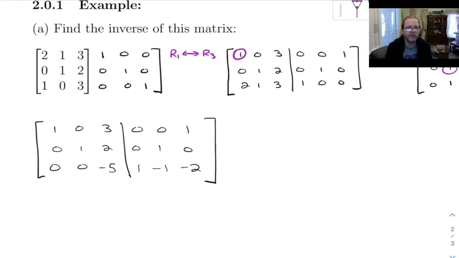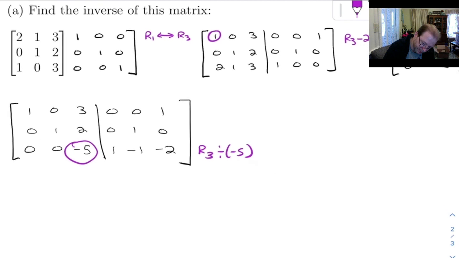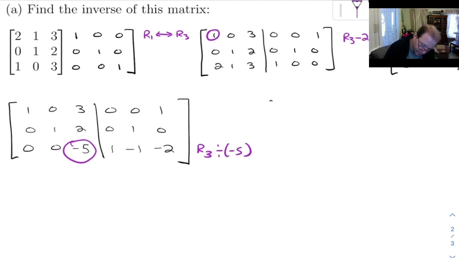All right, we've avoided fractions so far, but we can't do that any longer because the only way to get a 1 here is to do this row divided by negative 5. So 1, 0, 3, 0, 0, 1, 0, 1, 2, 0, 1, 0, then 0, 0, 1.